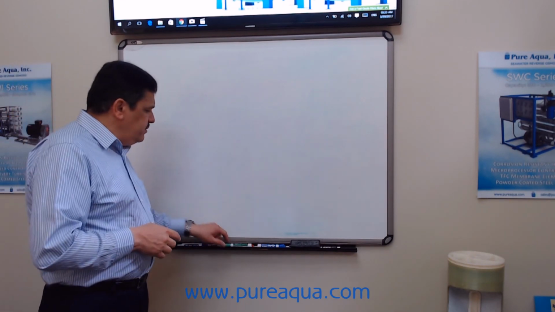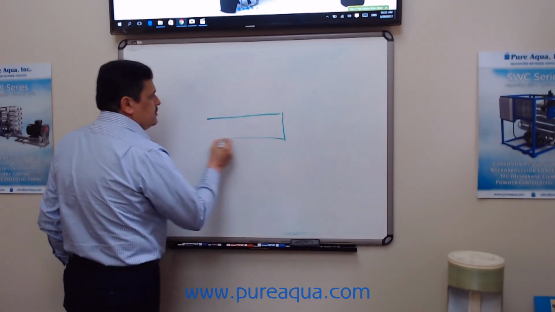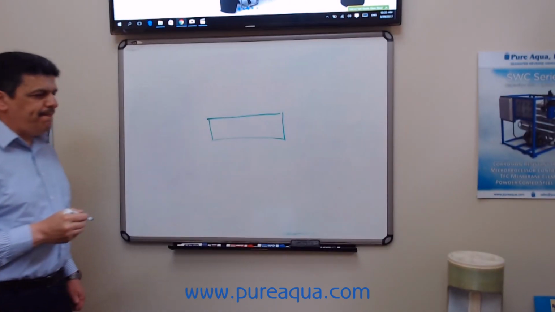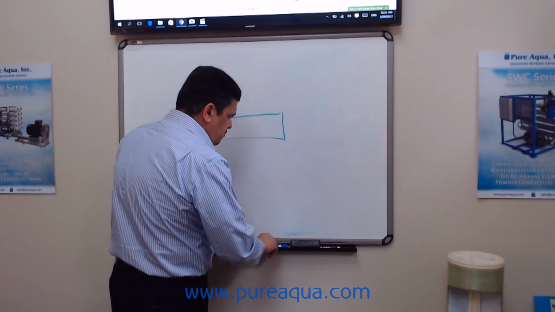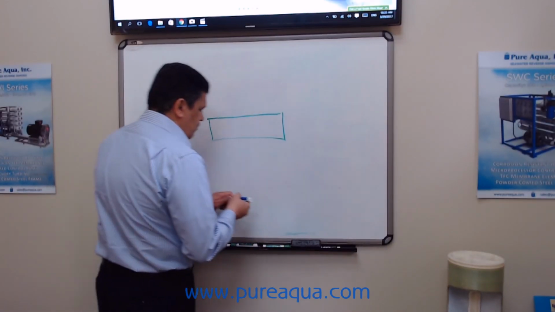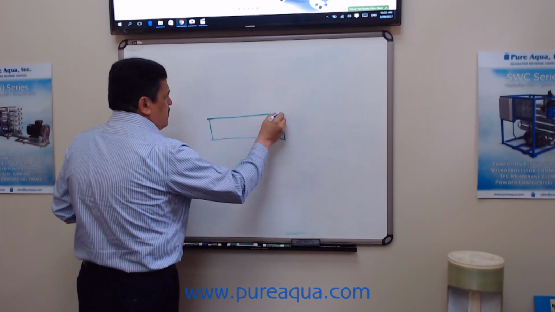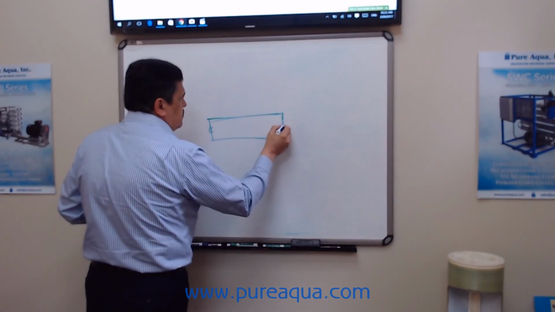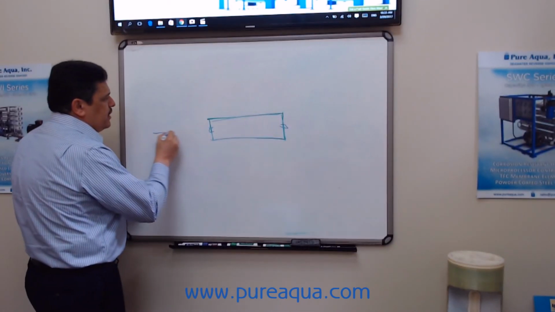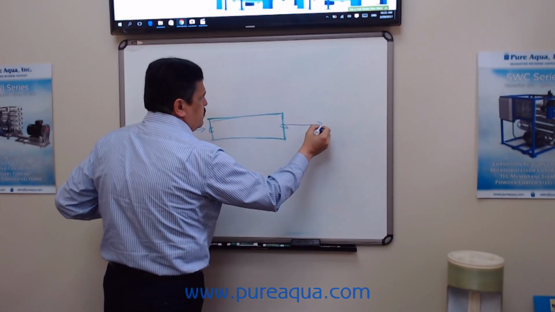Now we'll draw a little bit. This is a typical membrane drawing. The feed water is going to come from here, and you're going to have a stream, which is the permeate.